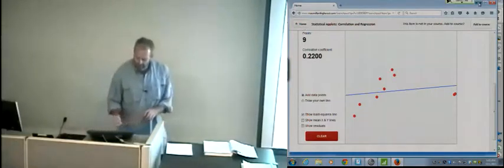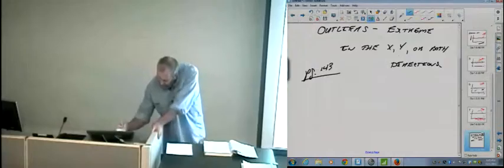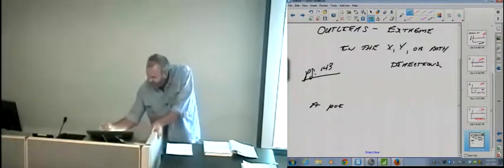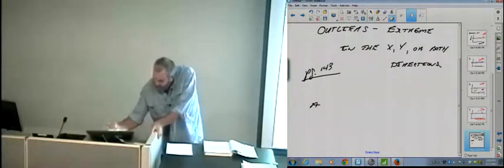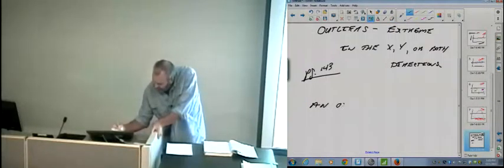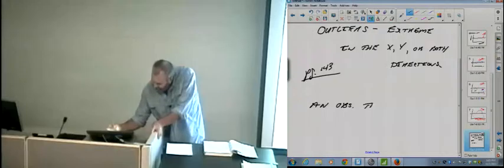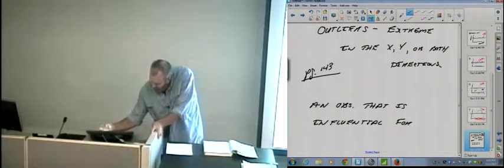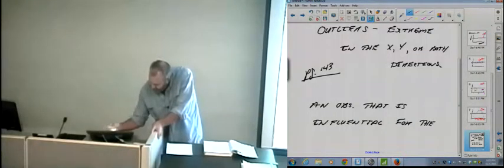And the one thing I want to write over here for you is a point. It's not just a point, it's an observation that is influential for the regression line.